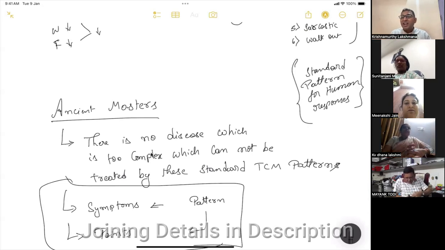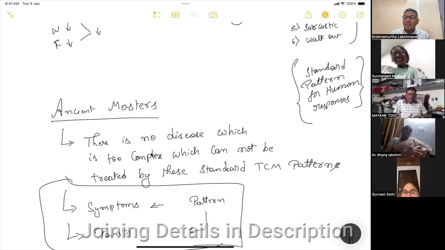Trust me, you can create... what? Magic, sir. Literally, when I say magic, it means you will start seeing... I think I have told this example also. One patient comes with dark circles, and there is one protocol called excess chi in pericardium.